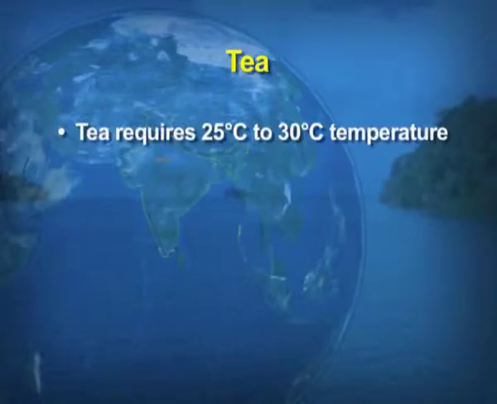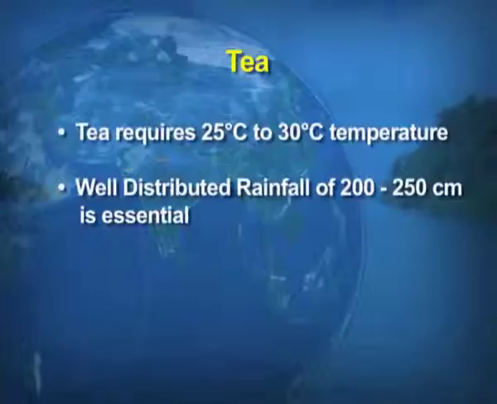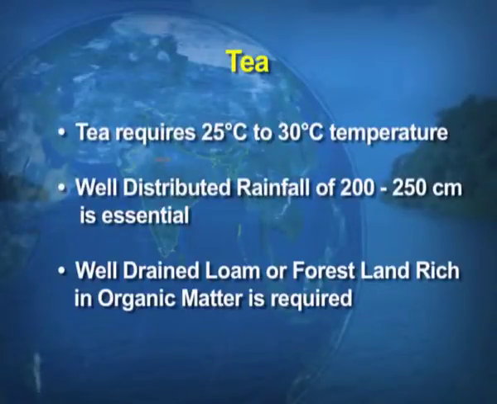which is till date the largest producer of tea in the country. Tea requires 25 degrees Celsius to 30 degrees Celsius of temperature. And for tea, it's not only a high amount of rainfall that is required, but the rainfall should be well distributed. Well drained loamy or forest land soil rich in organic matter is required for tea production.